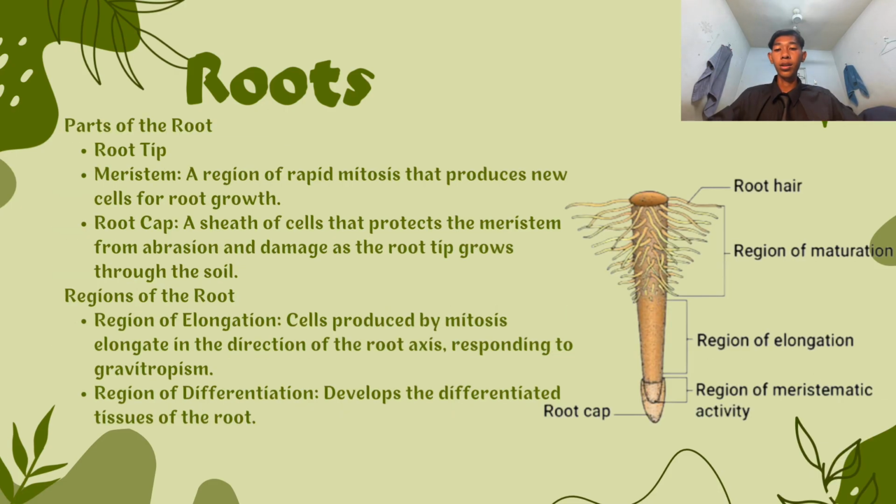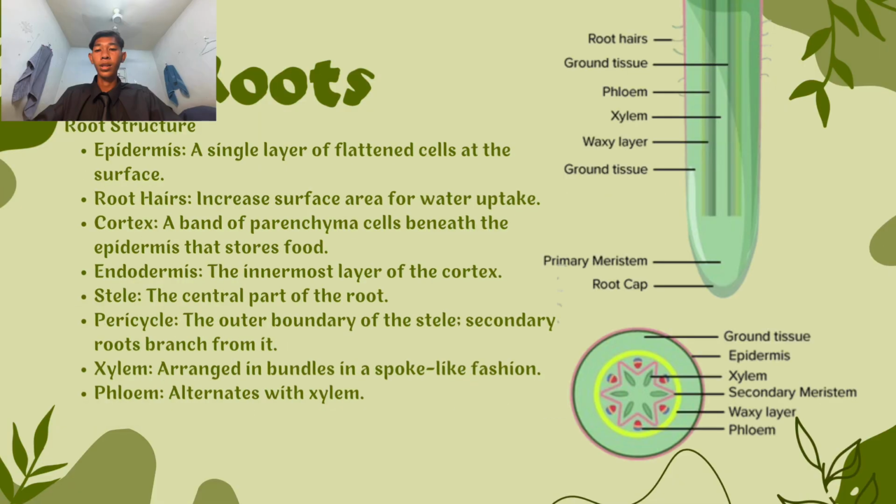There are parts of the root tip: meristem and root cap. The regions of the root are the region of elongation, region of differentiation, and region of meristematic activity.